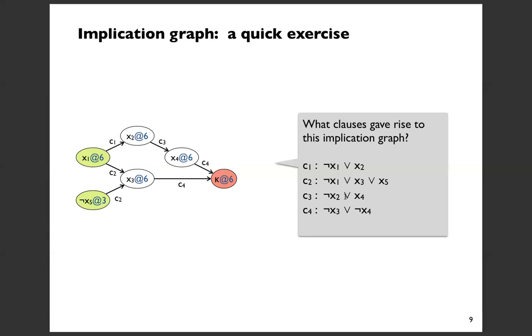The reason is that in C3 it is forcing X4 to be one thing, and in C4 it is forcing something different. In this case it's a conflict.